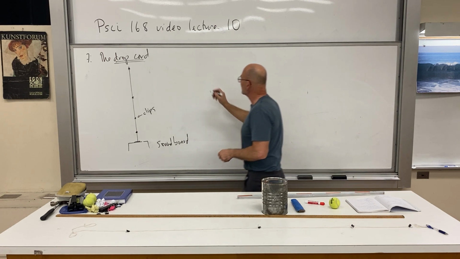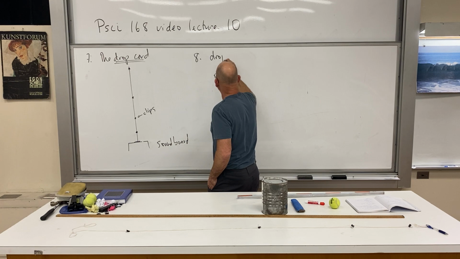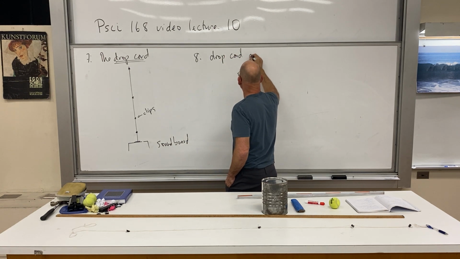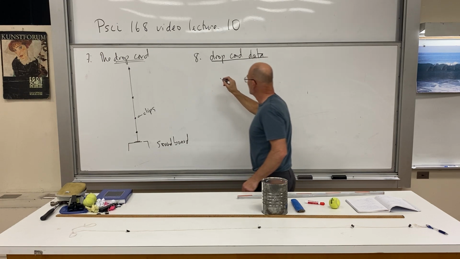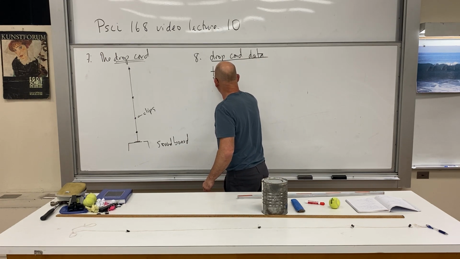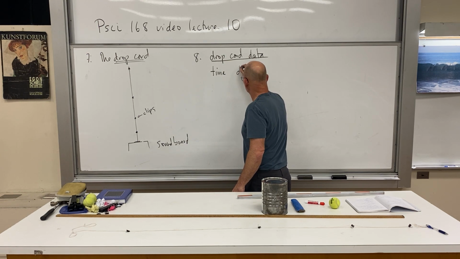So what we have here is the following. Drop cord data. I will make a chart here: time, distance fallen.